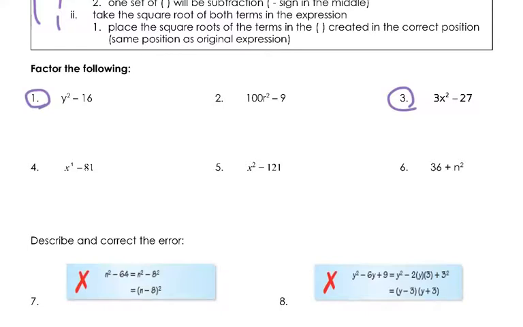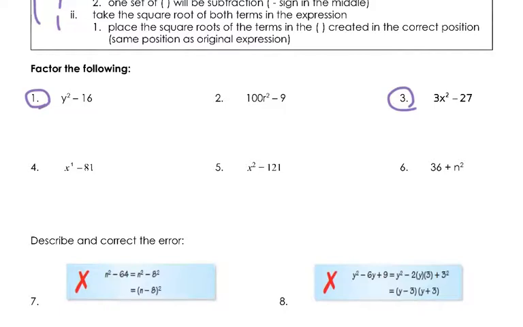So number 1, I'm presented with this expression, and they're asking me to factor. The first thing I'm going to say to myself is, do they have a GCF? Is there a greatest common factor between y squared and 16? No. So I don't have to worry about that.